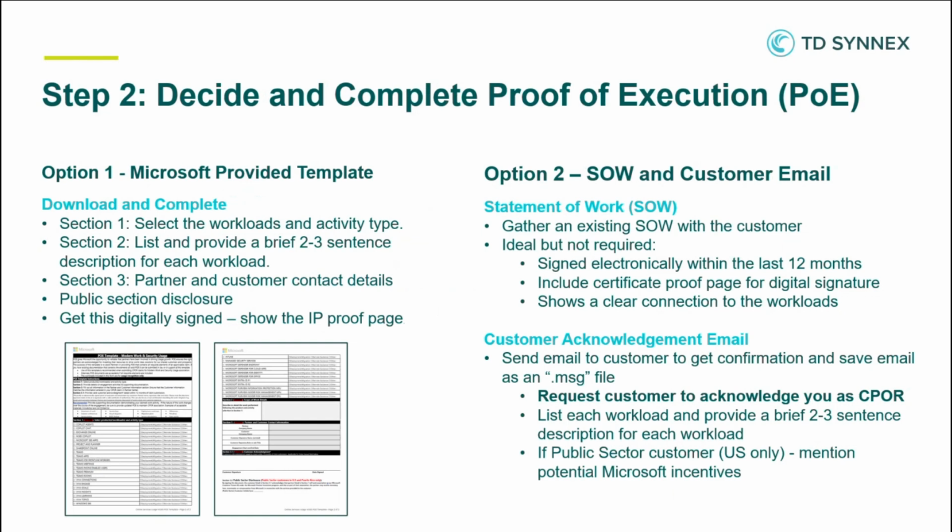All right, step 2 is you're going to decide and complete the proof of execution documents. There are 2 options for you. Option 1 is you use the Microsoft provided template, or option 2, you use an existing SOW and a customer email. Now, it doesn't matter which option you choose.